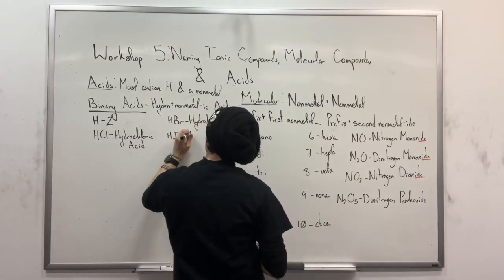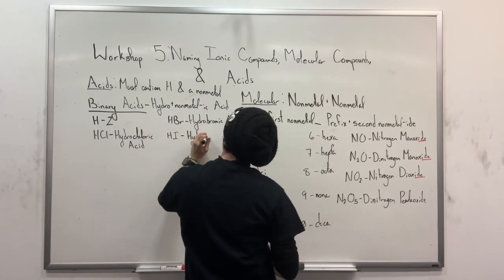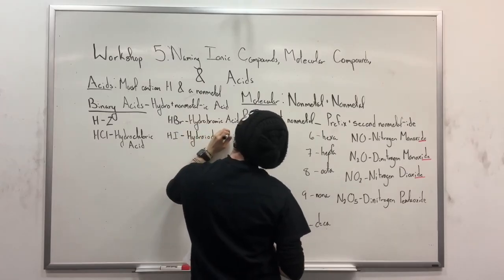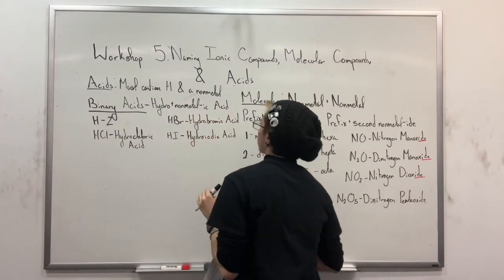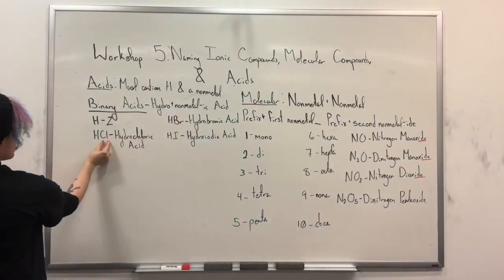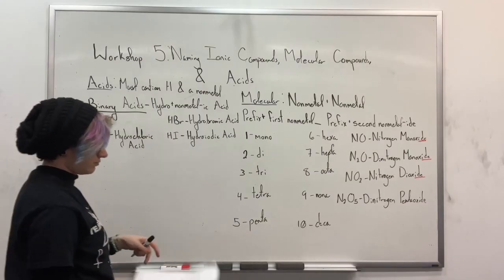And the last one, hydro, iodine would be iodic acid. Binary acids, hydro for the hydrogen, the beginning of your non-metal, and instead of IDE, it's going to end with IC.